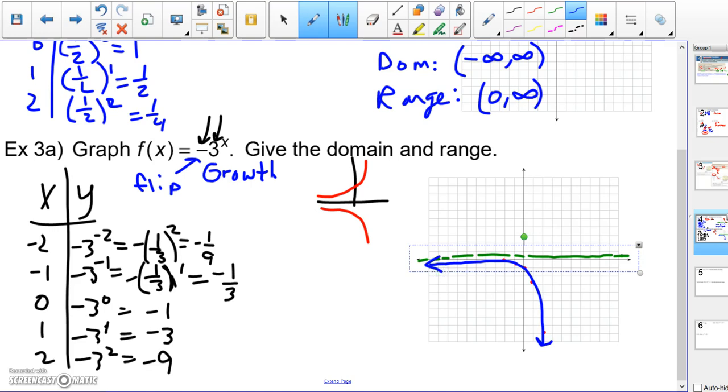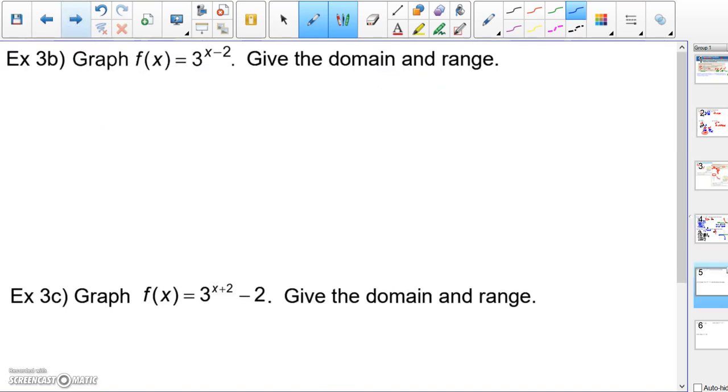So I see my asymptote, my horizontal asymptote at y equals 0, and I see my flipped growth graph. This one is a growth, and this means it's shifted to the right 2.